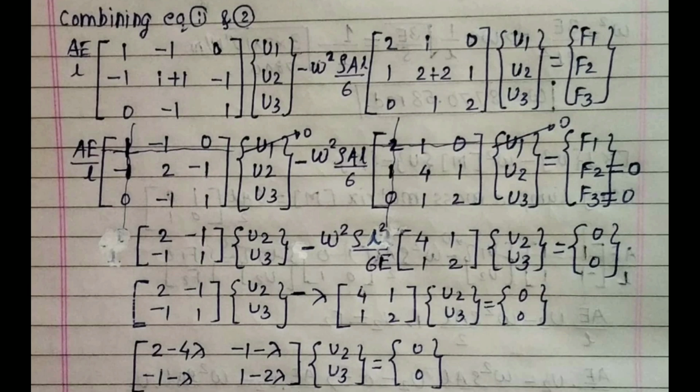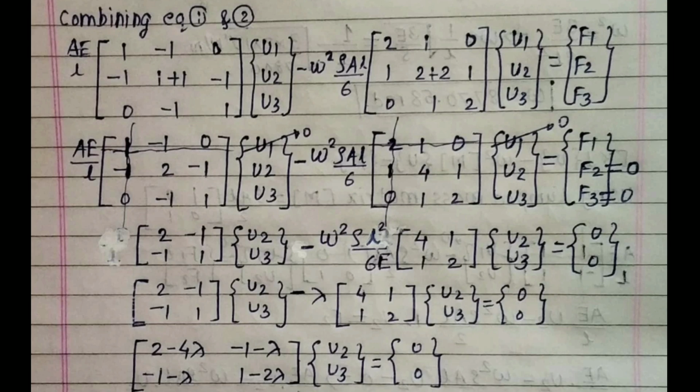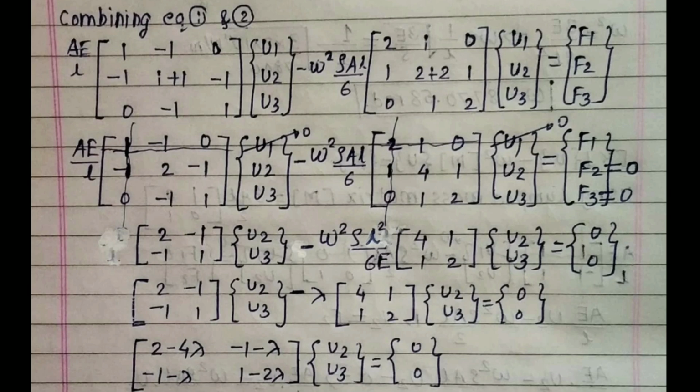So I write the matrix 2 minus 1 minus 1 1 into U2 U3 minus omega square rho L square by 6E, which I will call lambda, into the matrix 4 1 1 2 into U2 U3 is equal to 0 0. So we get the matrix 2 minus 4 lambda, minus 1 minus lambda, minus 1 minus lambda, 1 minus 2 lambda, into U2 U3 is equal to 0 0.